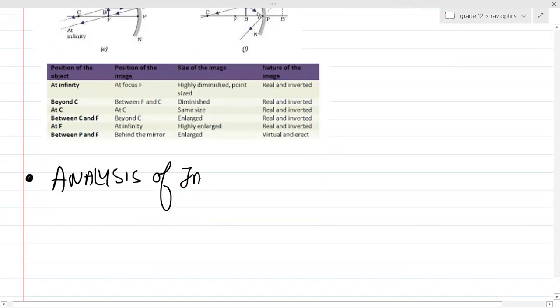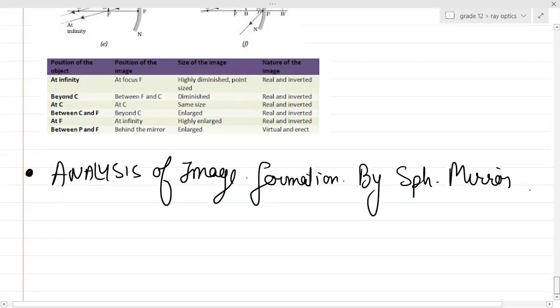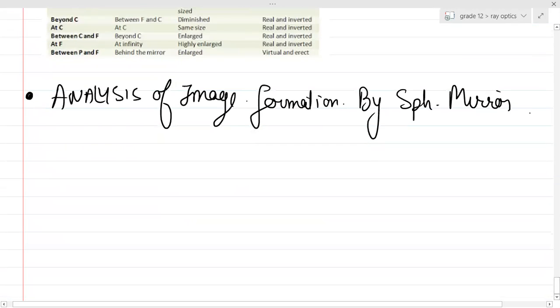Analysis of image formation by spherical mirrors. So guys, सबसे पहले let's talk about the regions.